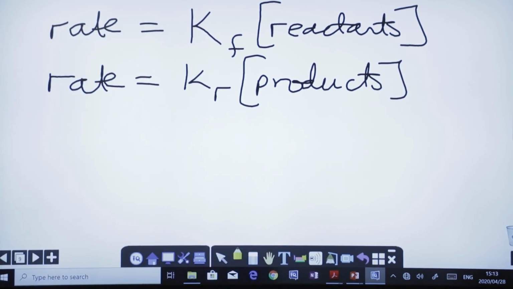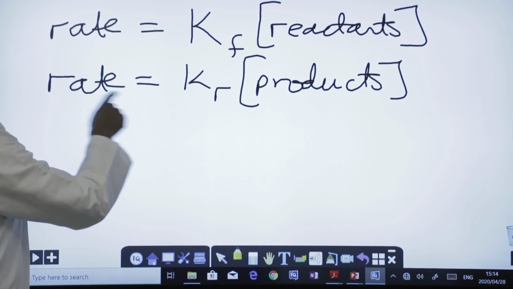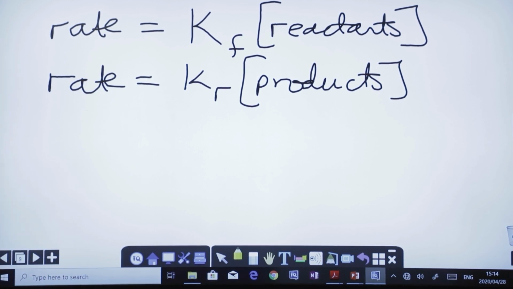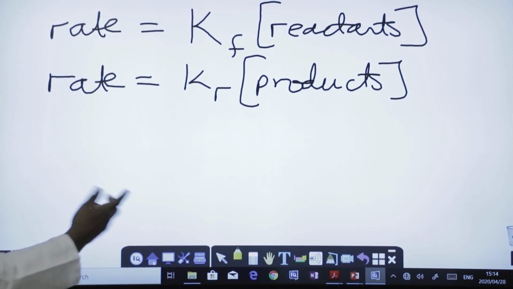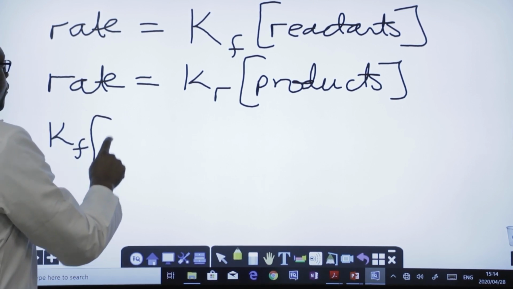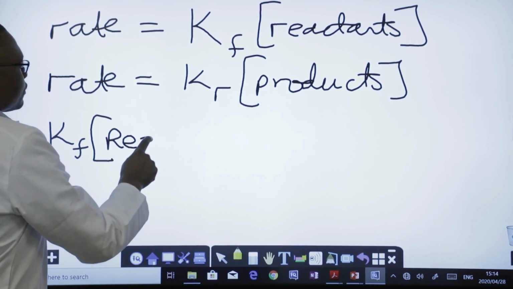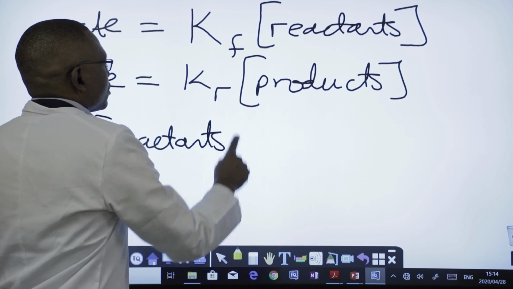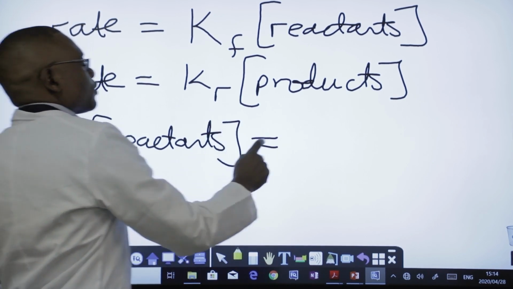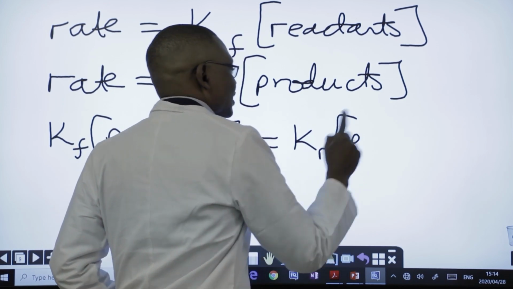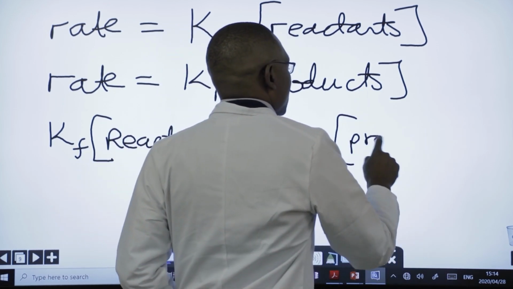But we are saying that at equilibrium, the rate of the reverse reaction is equal to the rate of the forward reaction. So in other words, we are saying Kf times the concentration of reactants is equal to Kr times the concentration of products, since we are saying the rate is the same at equilibrium.